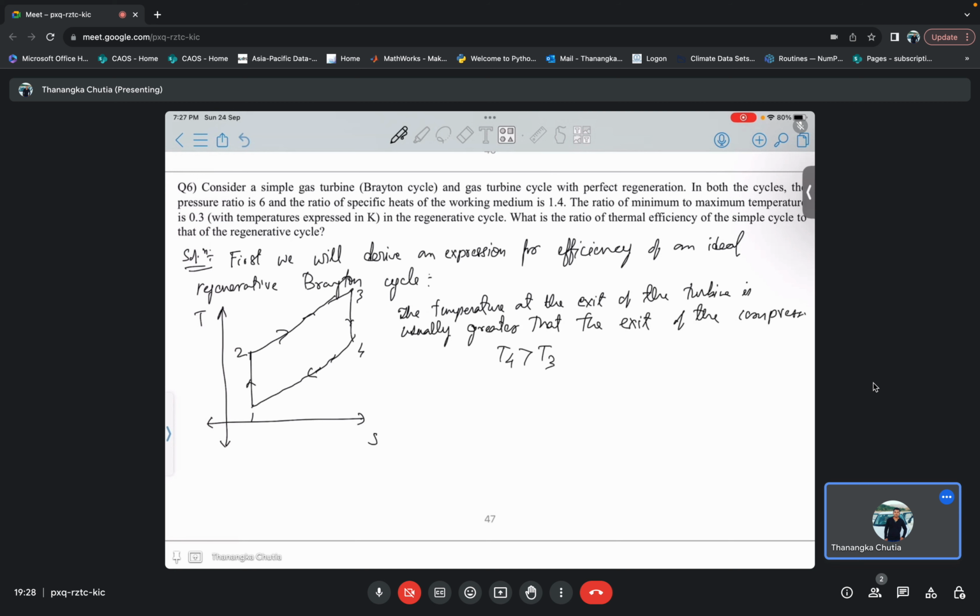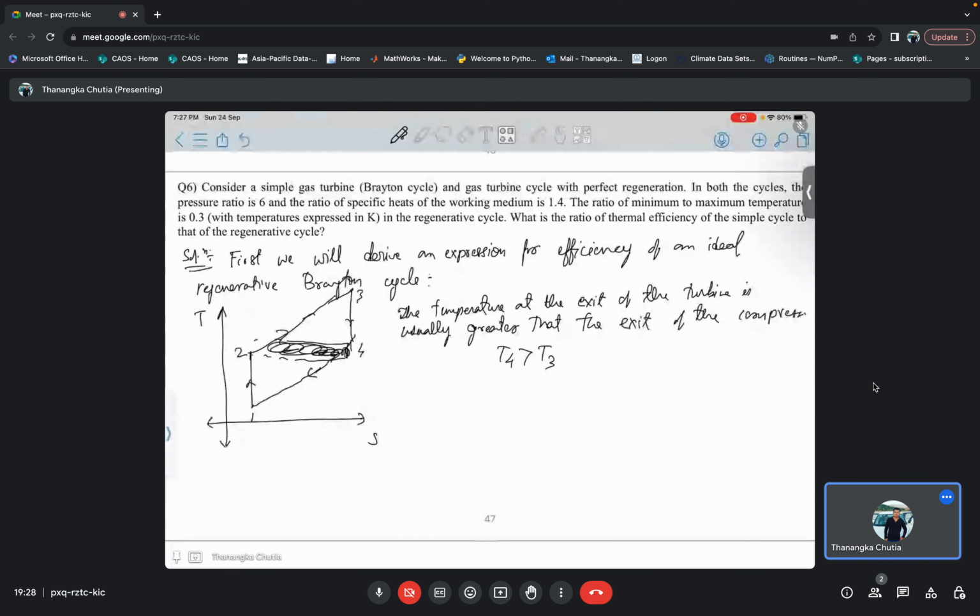So that means if we can supply this extra amount of heat to the output gases of the compressor, then you can reduce the heat required.